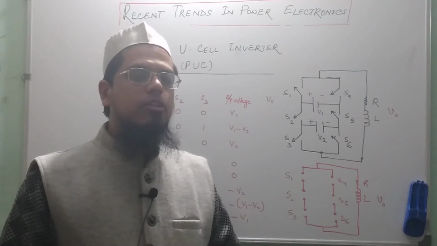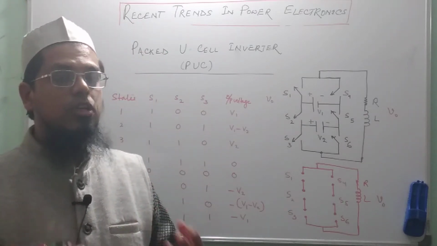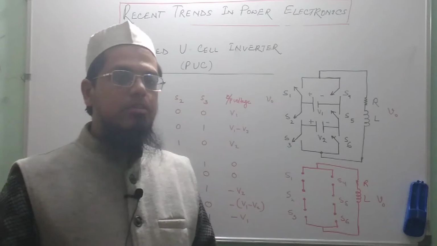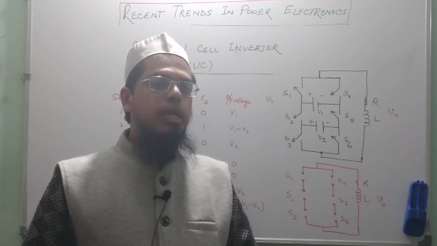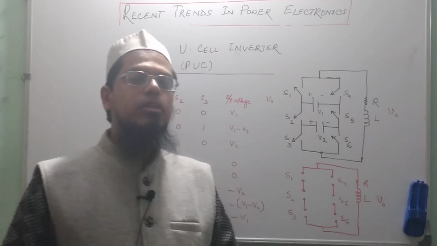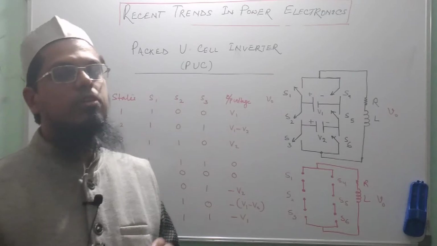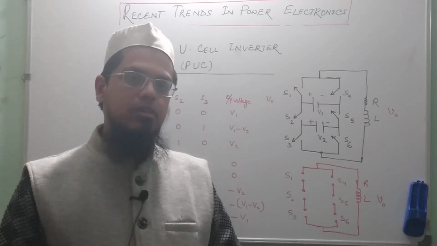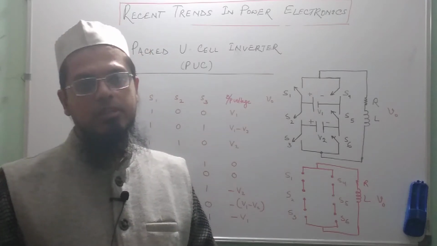Then the shortcomings associated with the flying capacitor and the diode clamped multi-level inverter was the higher number of capacitors required, and it was quite high in the case of the flying capacitor multi-level inverter. Rather, it was a quadratic function of the number of levels.